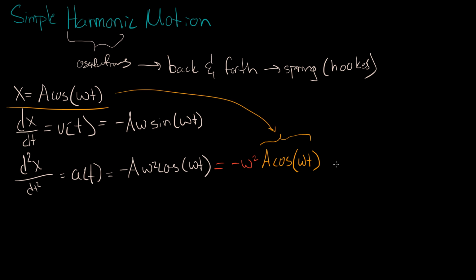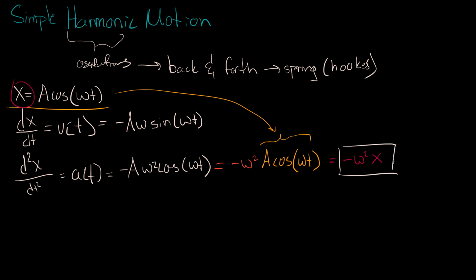And based on that information, we can say that the acceleration is equal to negative omega squared times x, because that's what a cosine omega t is equal to. And this right here is the definition of simple harmonic motion.